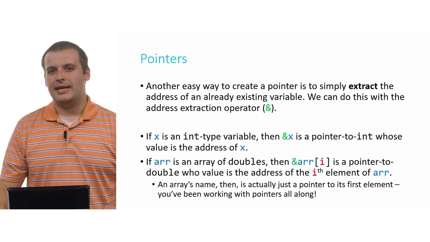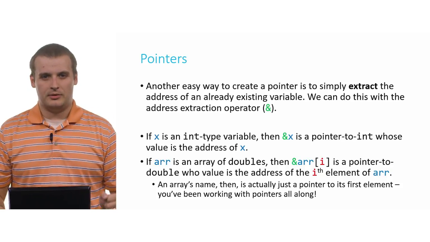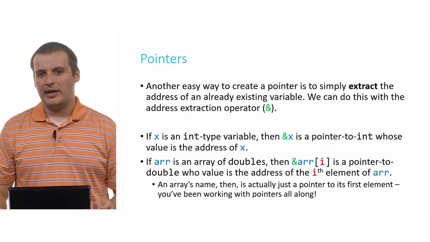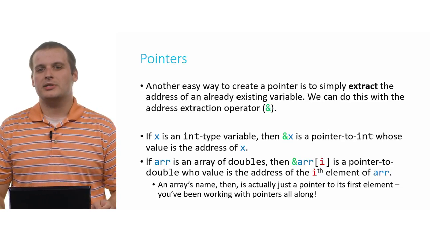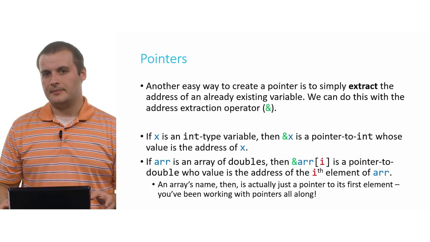So what's the implication here? The implication of this whole thing is that an array's name is actually itself a pointer. You've been working with pointers all along every time that you've used an array.